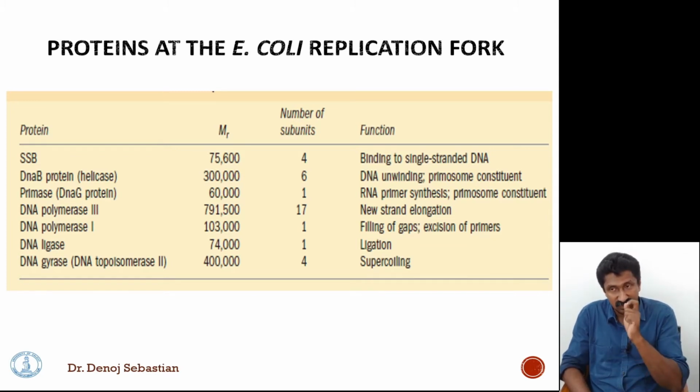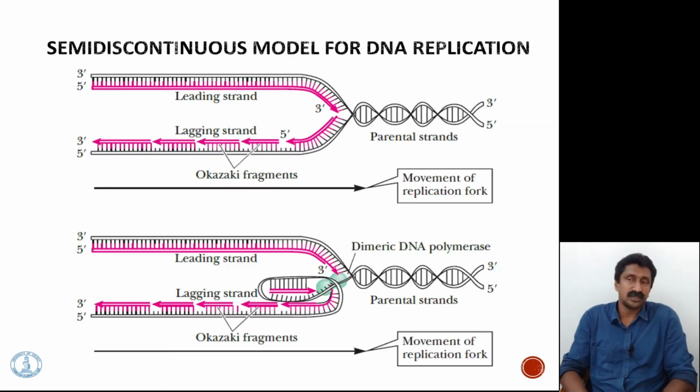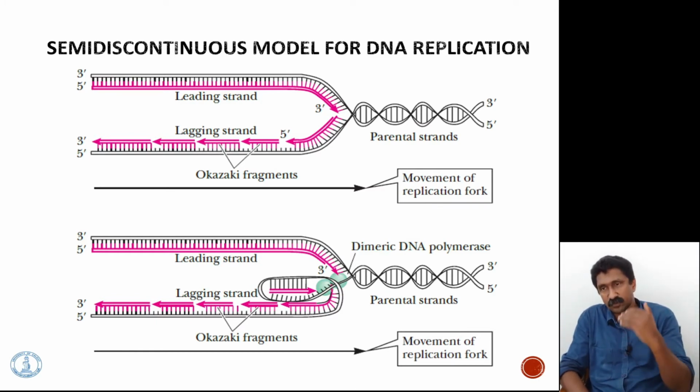In the case of topoisomerase 2, both the strands will be cut and the tension will be released. So DNA gyrase is a class topoisomerase 2 type enzyme that is used for releasing the tension caused by the supercoiling. So these are the different proteins interacting at the DNA replication fork.